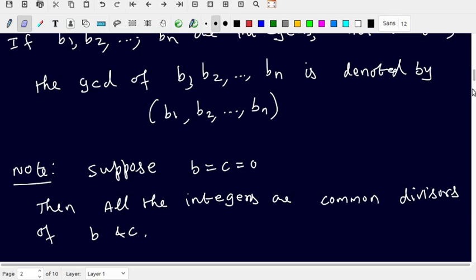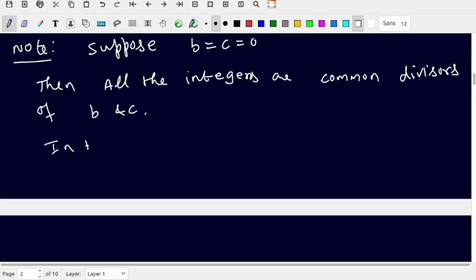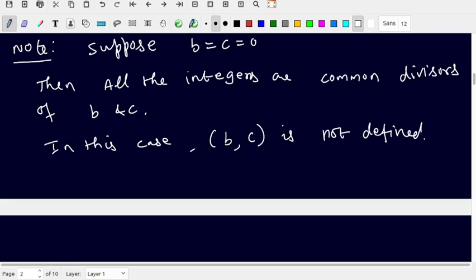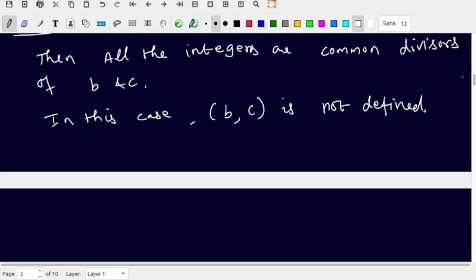Okay, in this case the GCD of b and c is not defined. We cannot find the greatest among the numbers because there are infinitely many integers that are common.